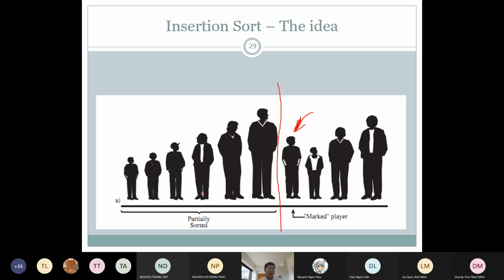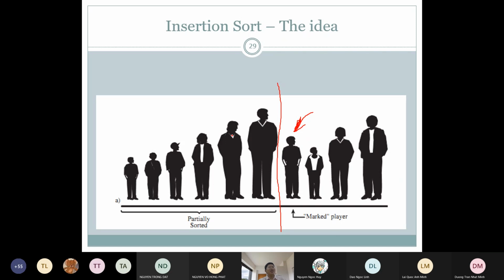Because they observe that if we have something sorted, we want to move this guy to the correct position. We normally don't have to go through the whole array because it's sorted.